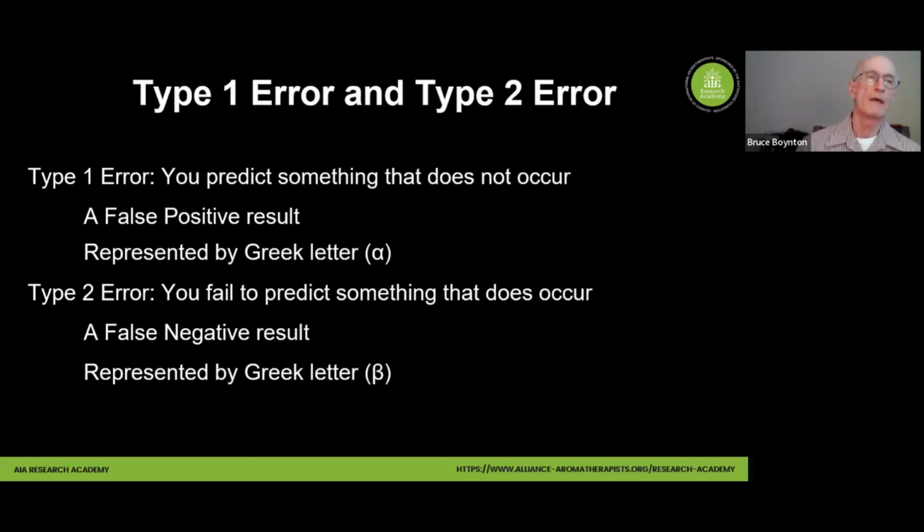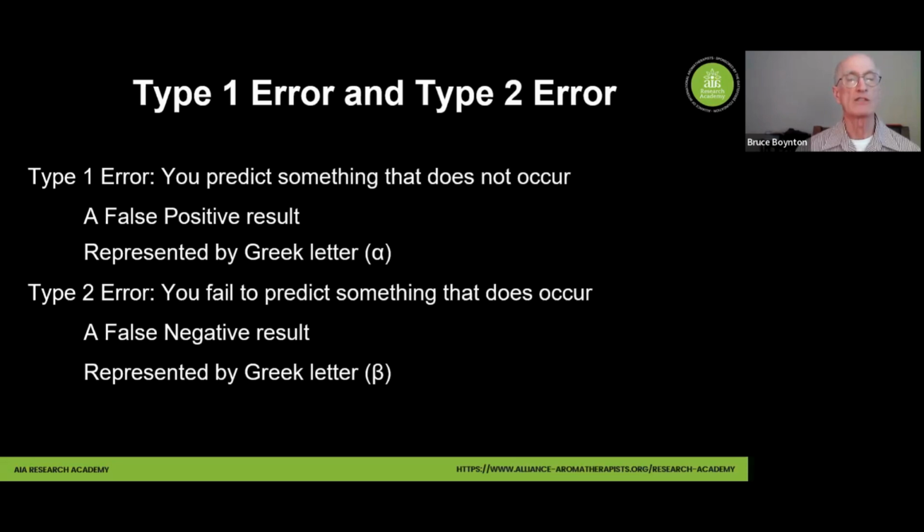An example would be you look at a GCMS and you predict that it's lavender, but it's really spike lavender. This is a false positive result, and it's represented by the Greek letter alpha. And you'll see alpha in almost every academic paper on aromatherapy, and we'll tell you how.